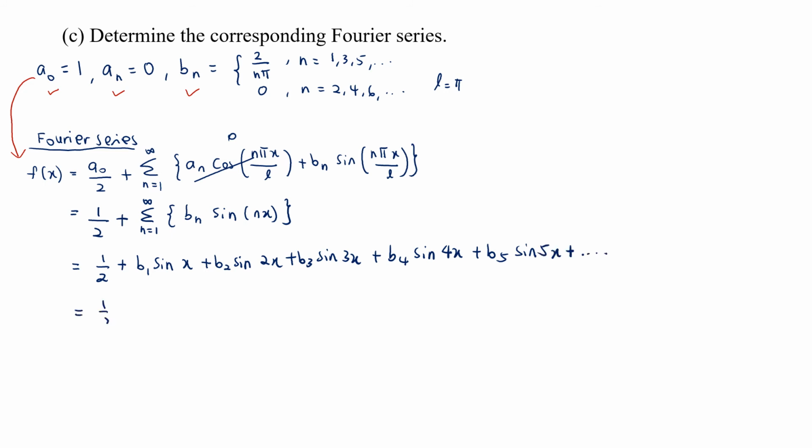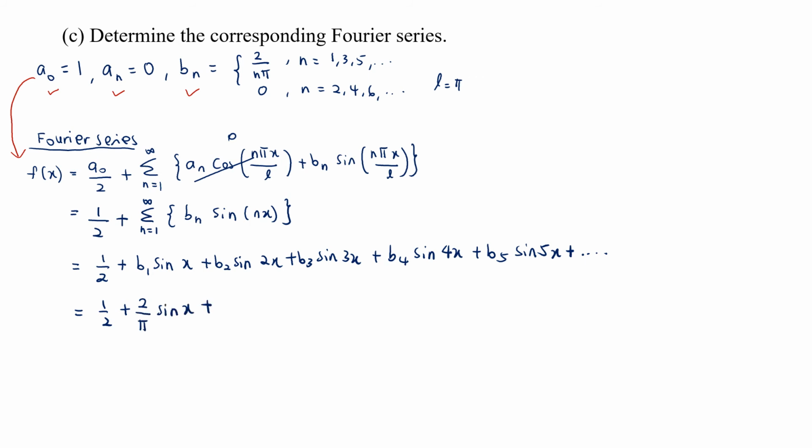Okay, the next step is substitute the value of b1 into this equation. So b1 is equal to, when n equals 1, the function will be 2 over n pi, where n is equal to 1, so we get b1 is 2 over pi times sine x.